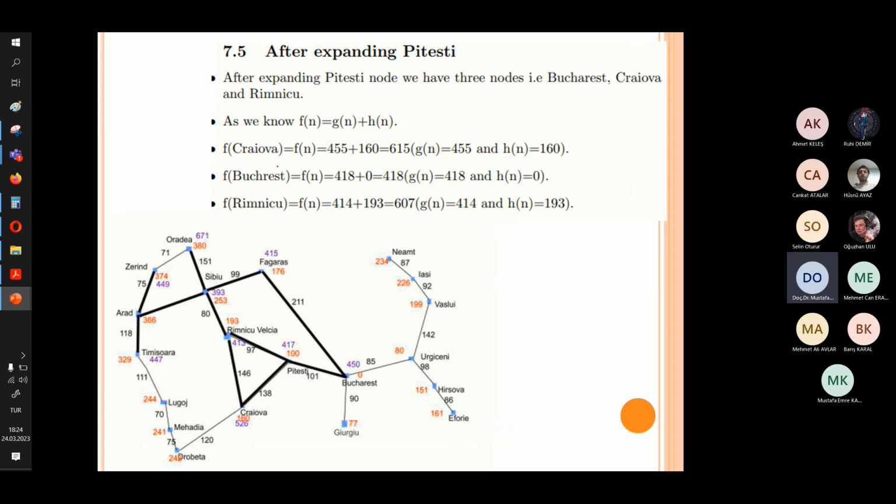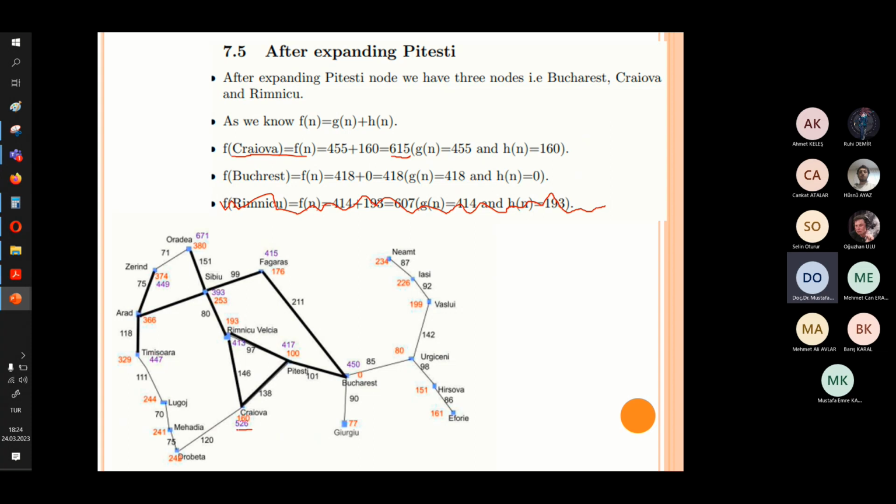When we expand Pitesti, we don't need to go to Rimnicu because it has already been visited. So that shouldn't need to be calculated. From Pitesti to Craiova, there may be an update. So we calculate if the function value is better than the value we found, and then we will update. But we have found 615.